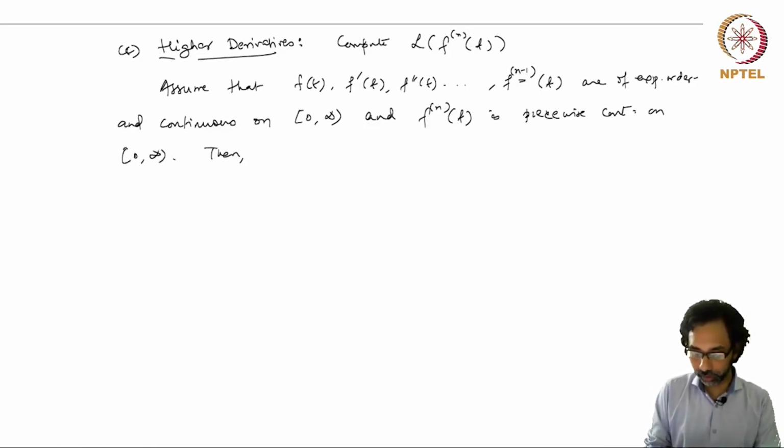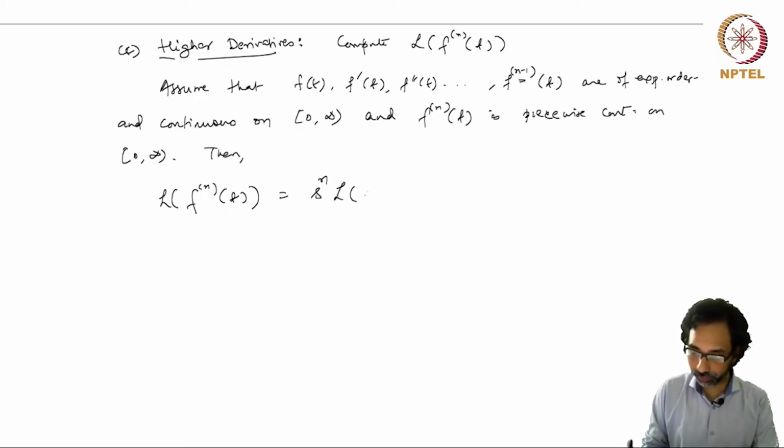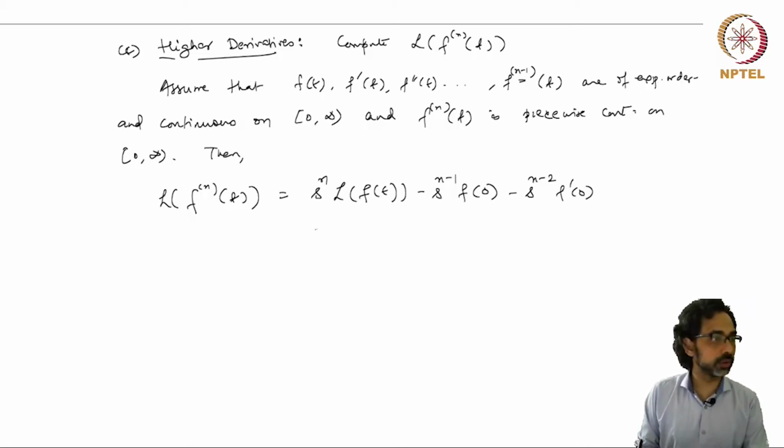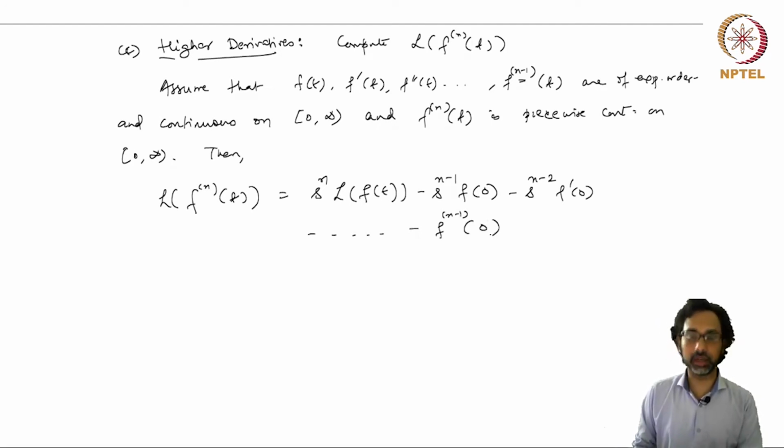Then the Laplace transform of the nth derivative of f is given by s to the power n times the Laplace transform of f(t) minus s to the power n minus 1 times f of 0 minus s to the power n minus 2 times f prime of 0, and so on up to the last term, and in the end we will get the n minus first derivative of f evaluated at 0.